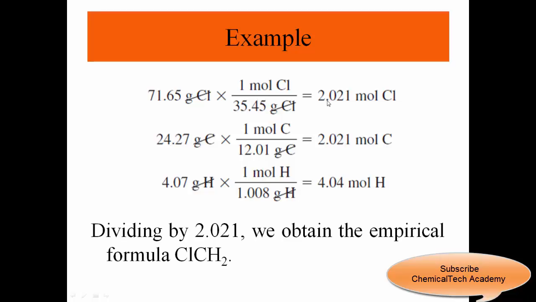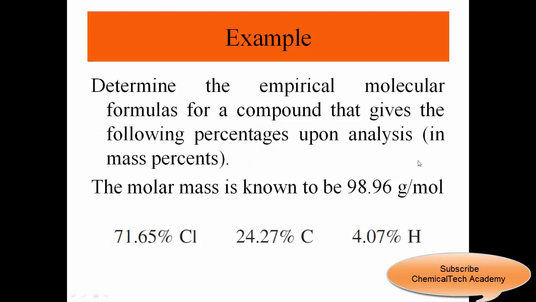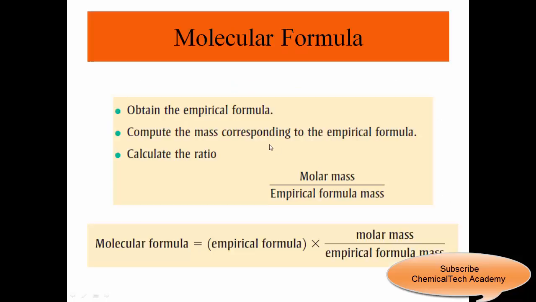So now if we divide all of them by 2.021, we obtain the empirical formula. The empirical formula is going to be ClCH2. So now let's see what is the formula weight of this compound and compare it with the molar mass of the original one.